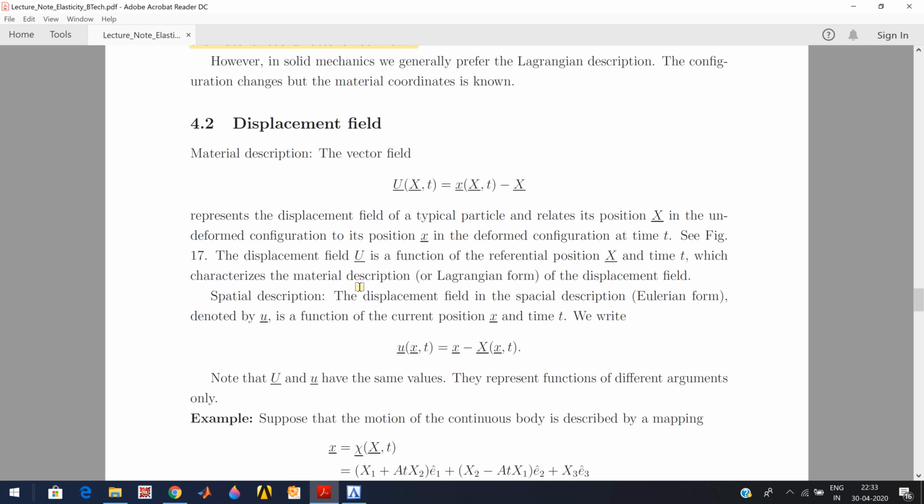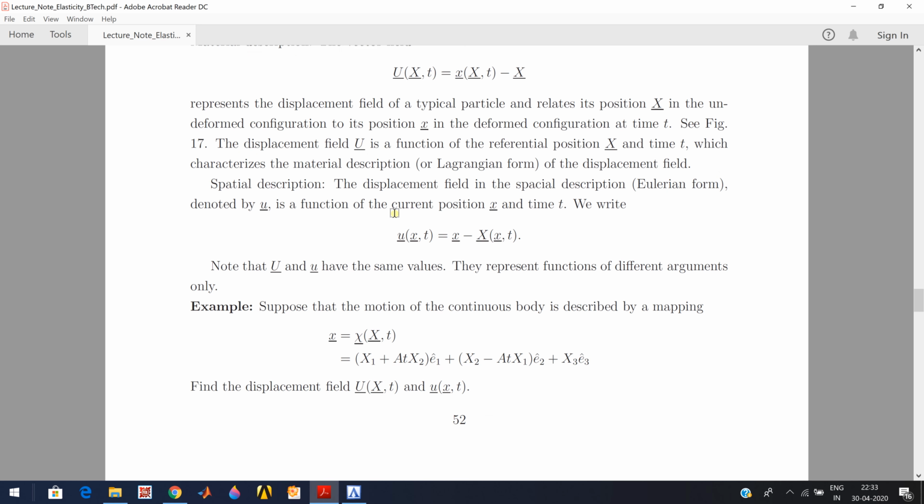Whereas in the spatial description, the displacement field is again described as small x minus capital X, but here everything is described using the spatial coordinate small x. So here you can see the small x is as it is, and the capital X is described in terms of small x.